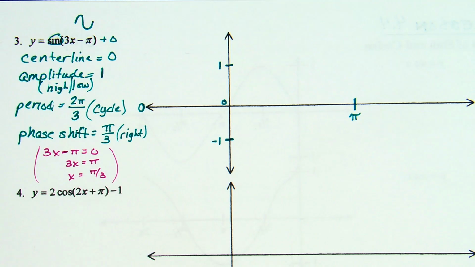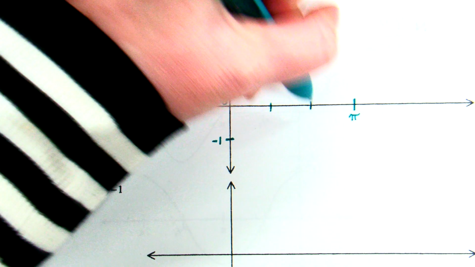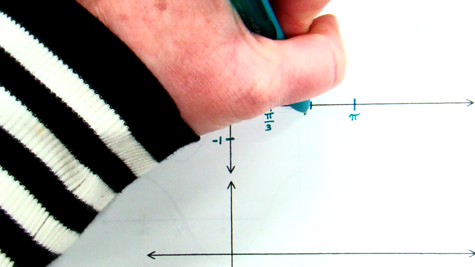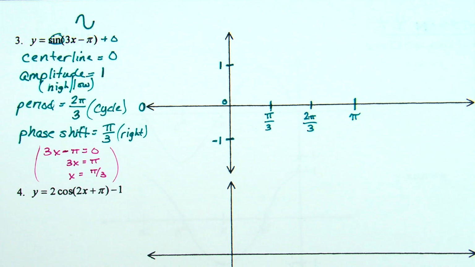So what do you know about 1 pi? We can have 1 pi over 3, 2 pi over 3, and 3 pi over 3. So maybe I should have had you label your thirds instead. Break this into thirds so that I have 1 pi over 3, 2 pi over 3, and 3 pi over 3.